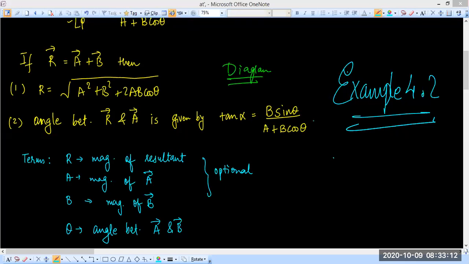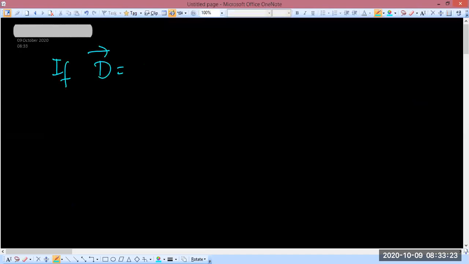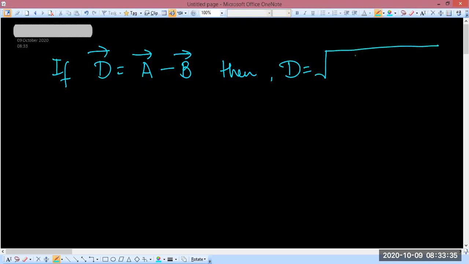Now the next point. If D vector, meaning difference, is equal to A vector minus B vector, then D is equal to the square root of A square plus B square minus 2AB cos theta, right?